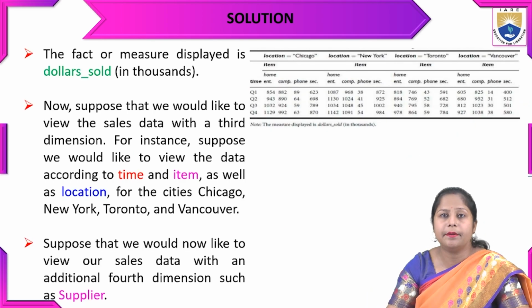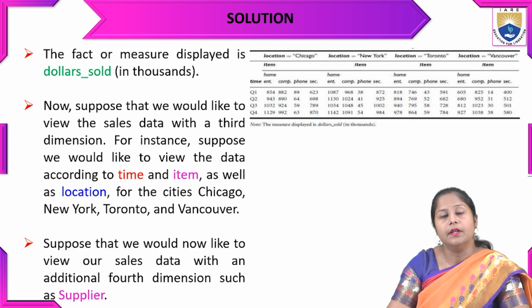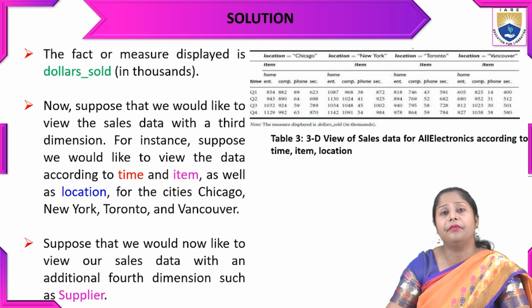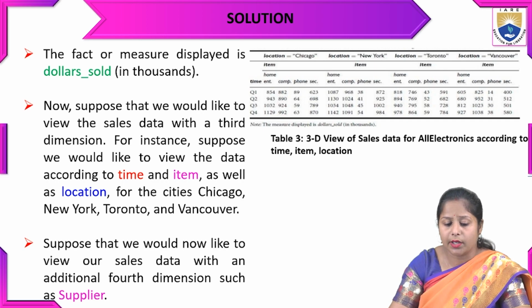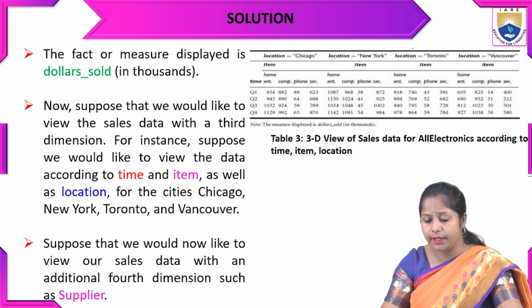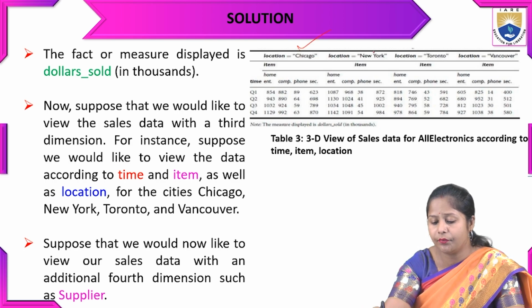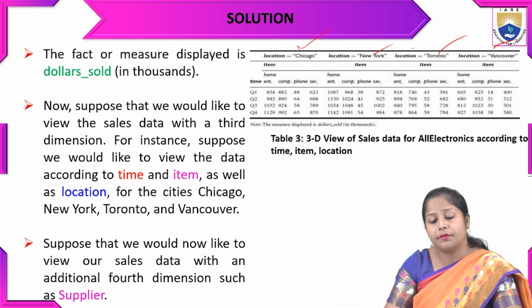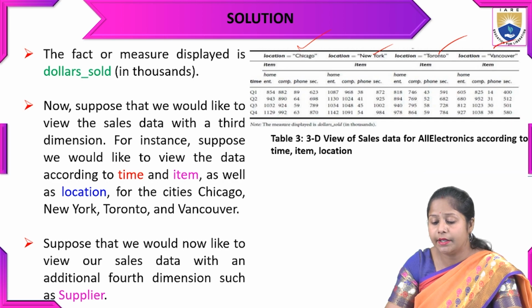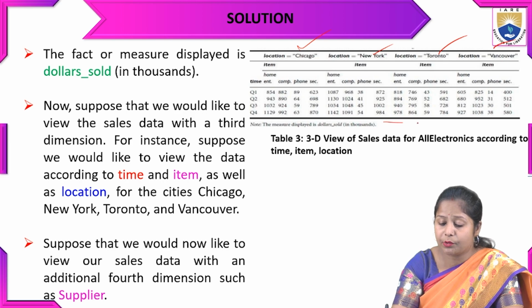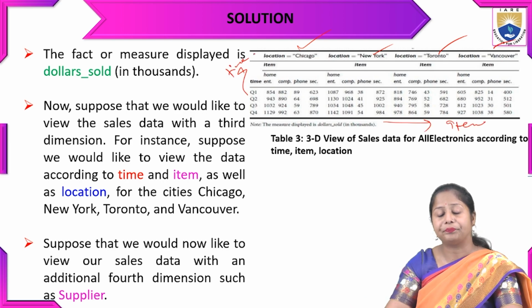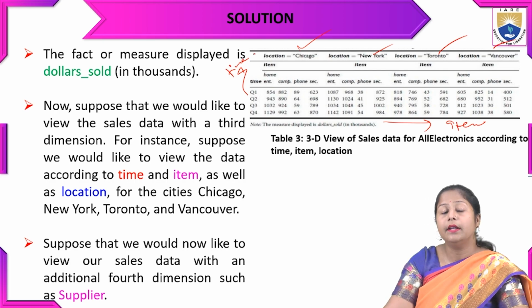Now the facts and measures will be displayed. Here the fact or measure is displayed in the form of dollars sold. Here we can see the location is for 4 cities: first Chicago, New York, Toronto, and Vancouver, right? So with respect to item and time, that is the whole data set.